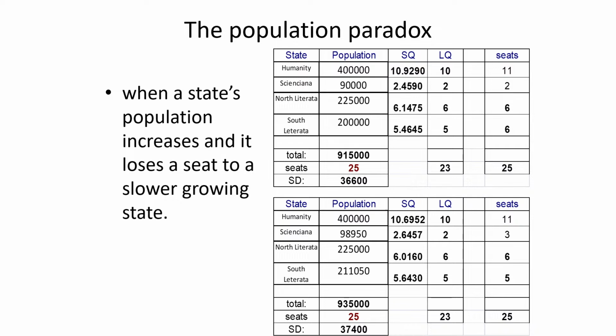If anything, it's the states that stayed level that should lose seats, and maybe these would increase a little bit. So it doesn't make sense for them to lose seats. Not only that, take a look at how much the population increases, from 200,000 to 211,050. It's pretty specific, isn't it? I had to work to get this to work like this.